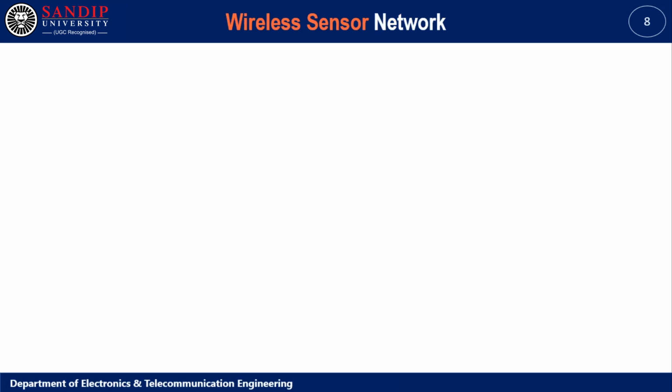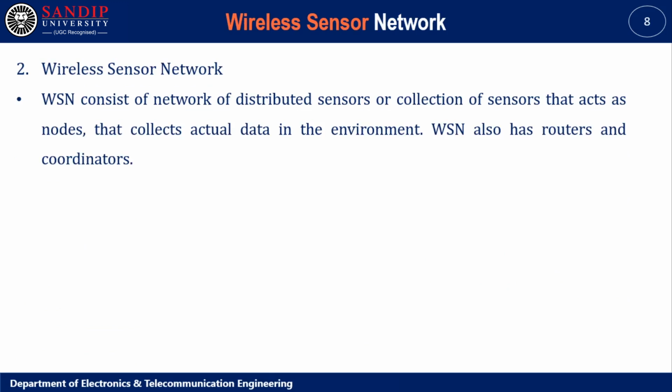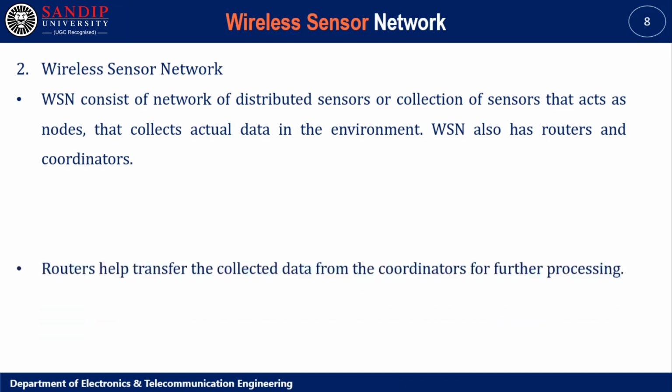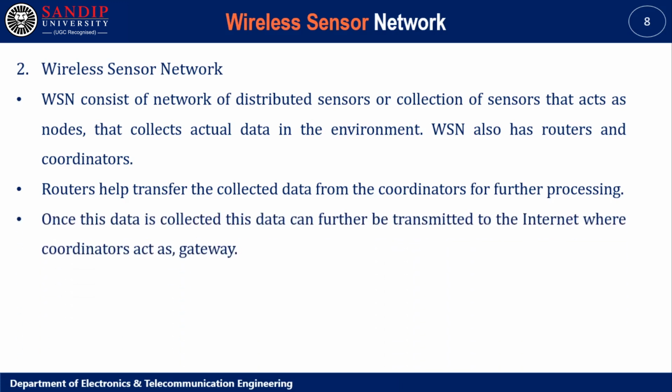Now let us discuss wireless sensor network. WSN consists of a network of distributed sensors, or a collection of sensors that act as nodes that collect actual data in the environment. WSN also has routers and coordinators. Routers help transfer the collected data to the coordinators for further processing.